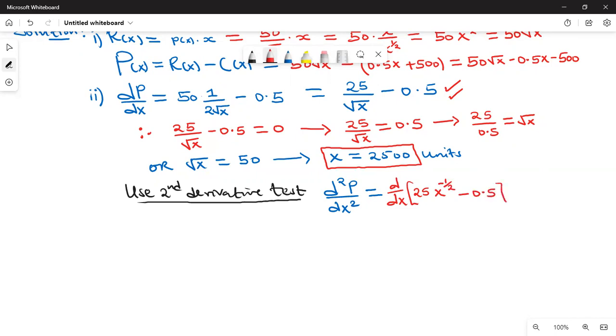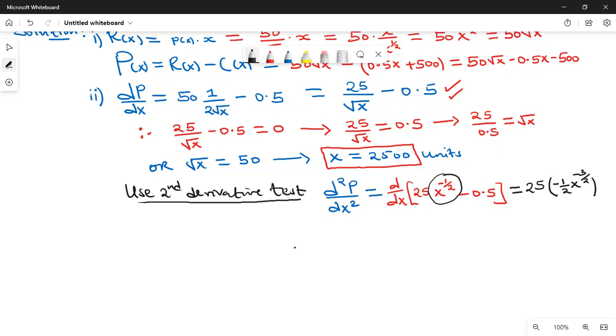We are just differentiating the answer we got in the first derivative. So what will be the answer here? When you use the power rule to differentiate x raised to negative 1 over 2, that will give us 25 times negative 1 over 2, then x raised to negative 1 over 2 minus 1, which is negative 3 over 2.